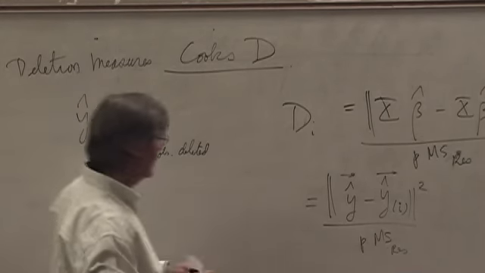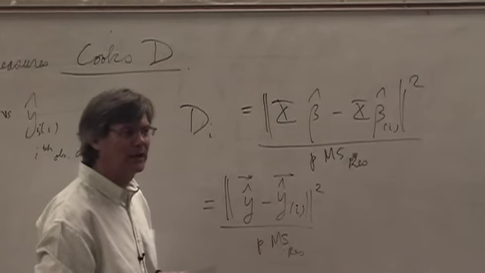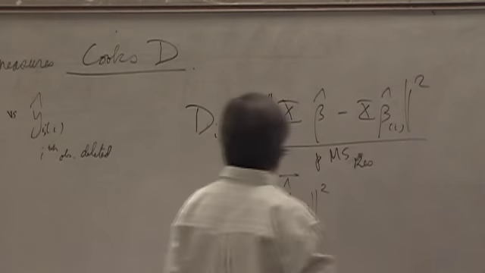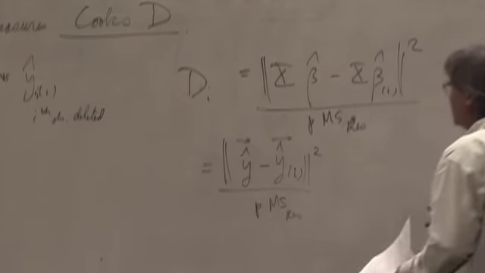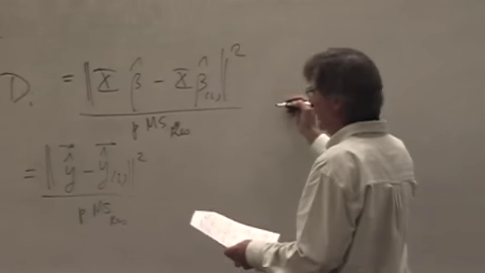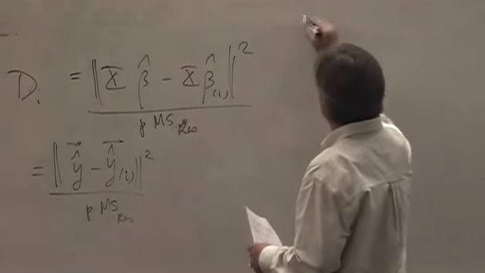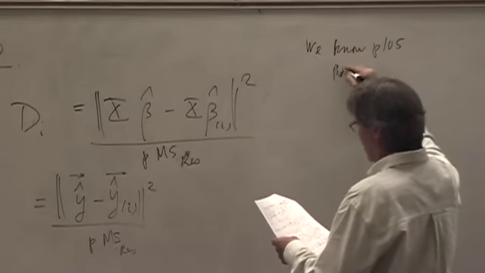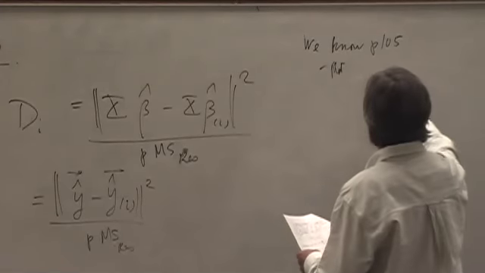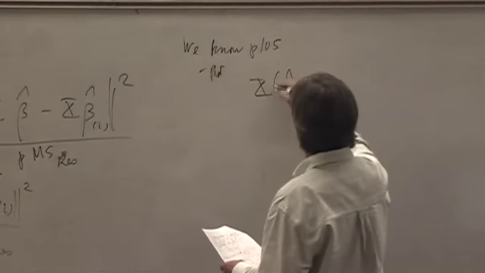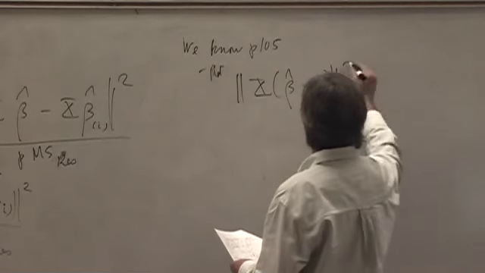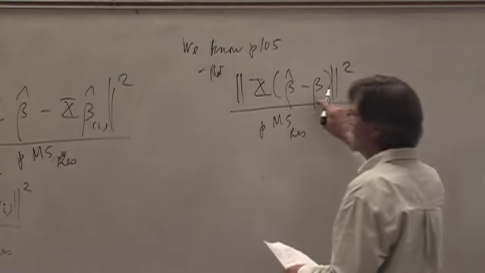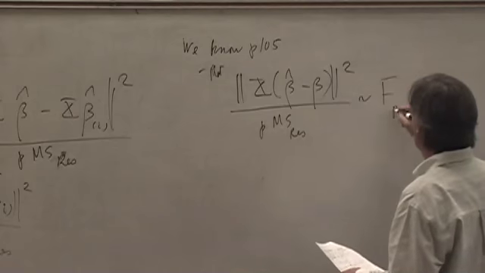Then I also have just the whole vector. Put this deleted i notation in there. You making sense? Okay. That's the Cook's D. What we know from before, page 105, is that x times beta hat minus beta, if I take the norm squared of that and divide by p MS res, is distributed as an F random variable with p and n minus p degrees of freedom.